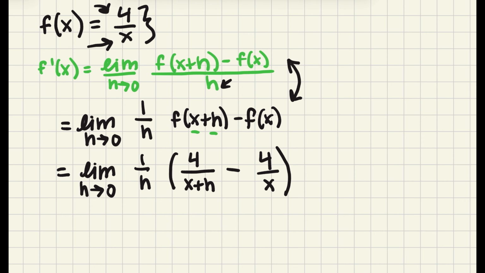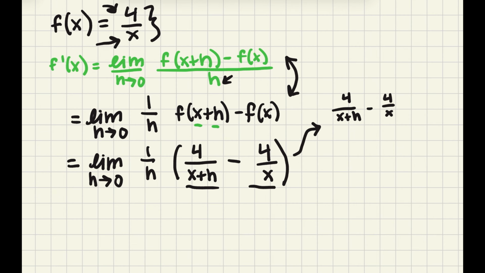Now what we're going to do is try to find a common denominator with these two right here. We're going to go ahead and bring that work over here. So we have 4 over x plus h minus 4 over x.